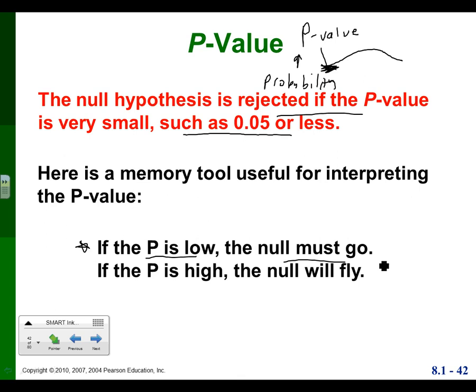I remember students actually muttering this on their tests when they were doing problems. If the P is low, the null must go. And what do you consider low? Right up here. 0.05 is low. Remember, we said anything past 0.05 is considered unusual. So unusual is things that go.